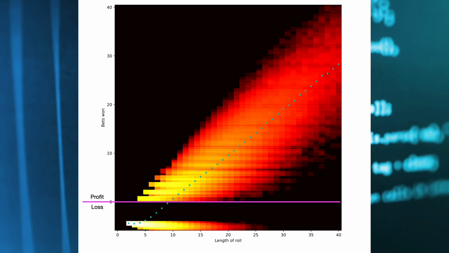The brightest points are the white ones in the lower left. They happen the most often. The dim ones in the upper right rarely happen, and the black ones in the upper left and lower right never happen. The blue-green dots are the average number of bets won for each roll length.